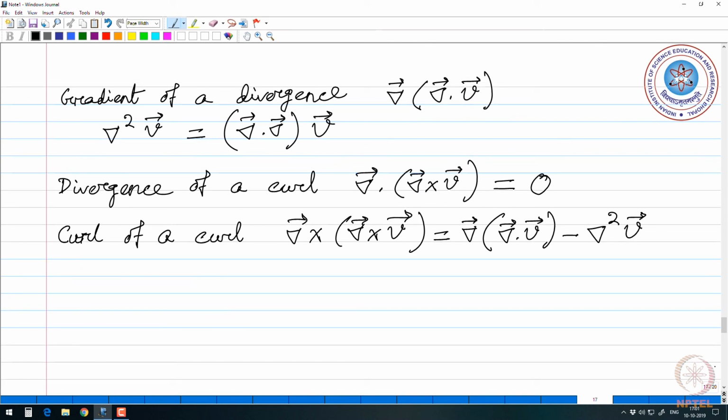So these are the expressions that we need for vector differential calculus, and we will do some examples related to the vector differential calculus.